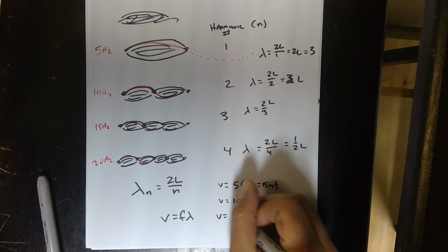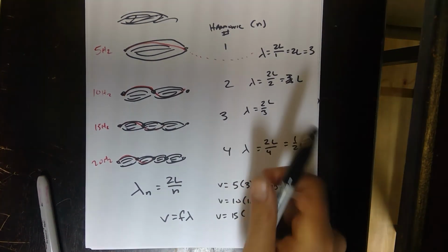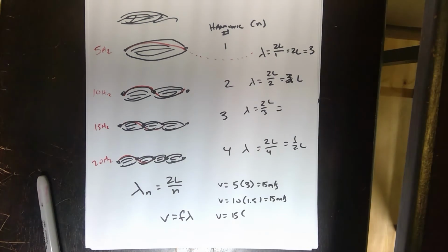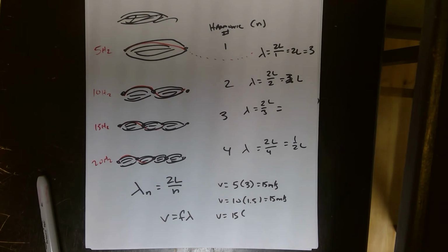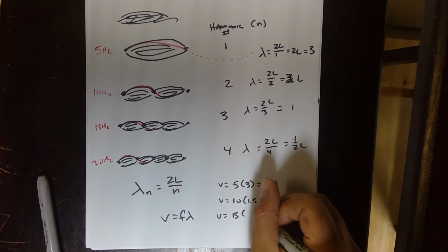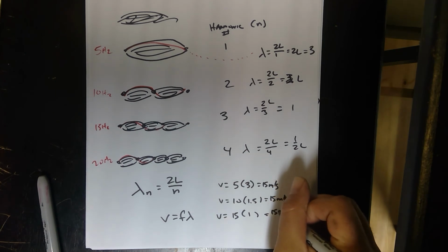So if you look at the next one, you have 15 hertz, and this is 2/3 the length of the string. So what would that be? 2/3 times 1.5. It's exactly 1, right? And then if you look here, we get 15 meters per second again.